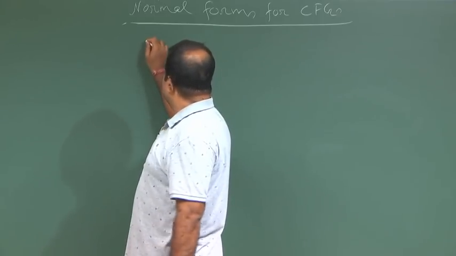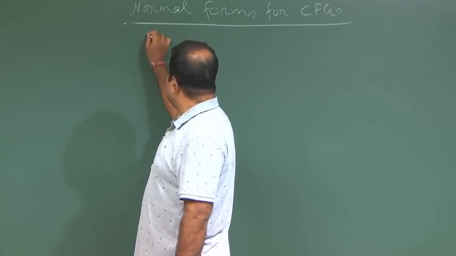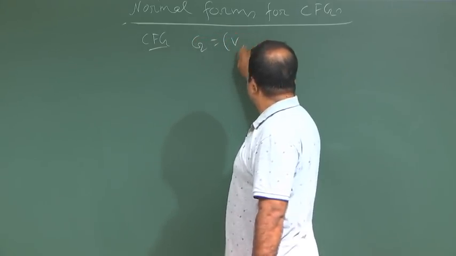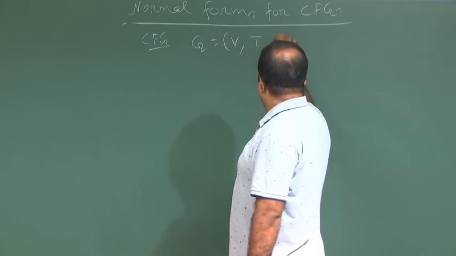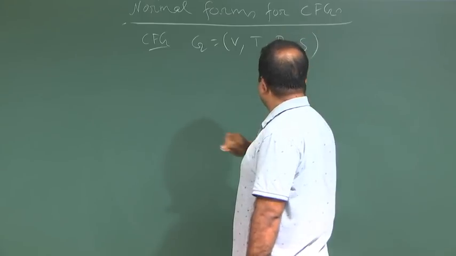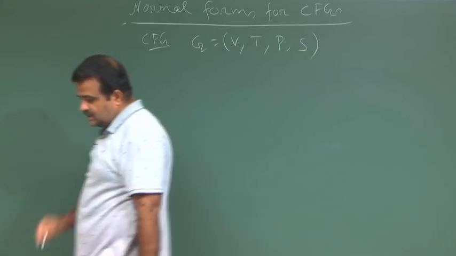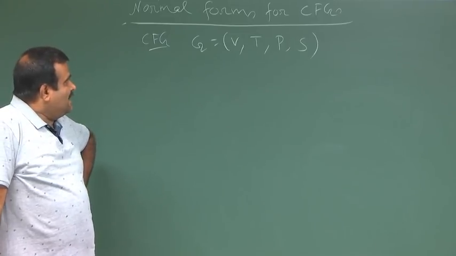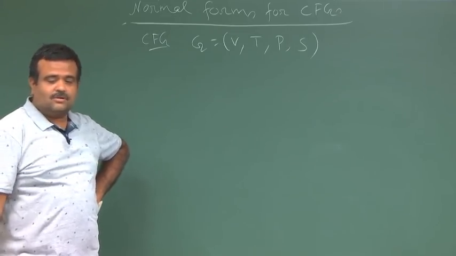Suppose you are given a context free grammar G, which we know is V, T, P, S, where V is the set of all variables and T is the set of all terminals, and S is the special variable which is called the start variable.